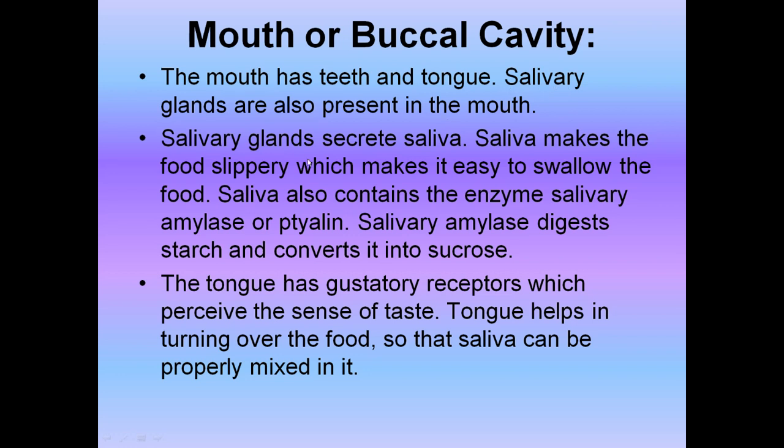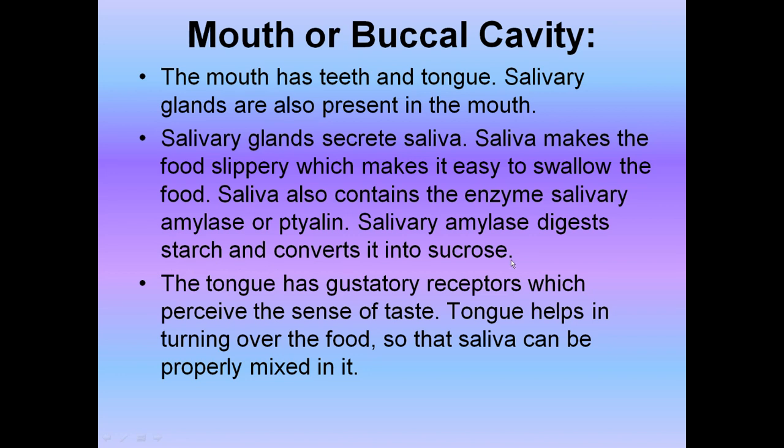As you know, the salivary gland secretes saliva, and this saliva has a very important enzyme referred to as salivary amylase that breaks down or converts starch into sucrose. Okay, so salivary amylase is very important for the digestion of starch and conversion of starch into sucrose.